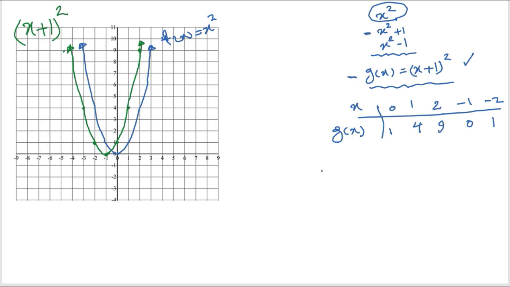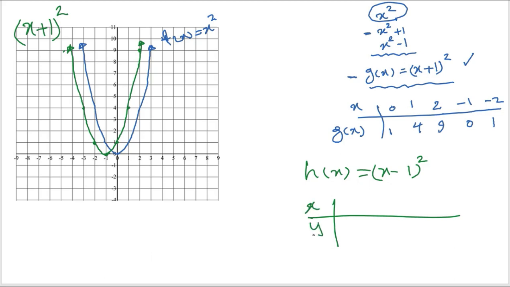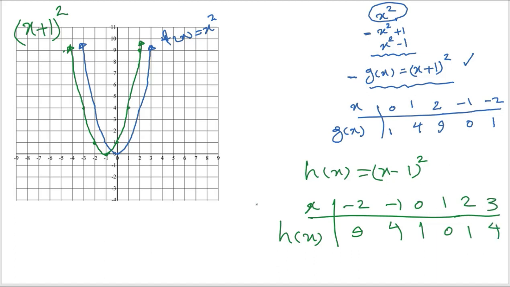And if I want to graph (x−1)², again I give points, h of x. So -2, -1, 0, 1, 2. -2 gives 9, -1 minus 1 squared is 4, 0 gives 1, 1 gives 0, 2 gives 1, 3 minus 1 is 2, squared is 4.